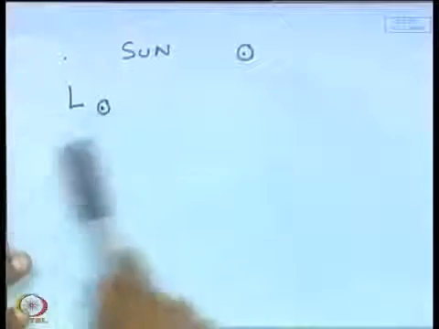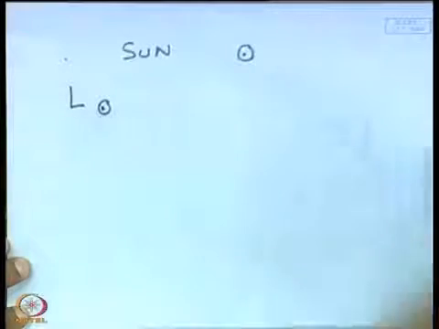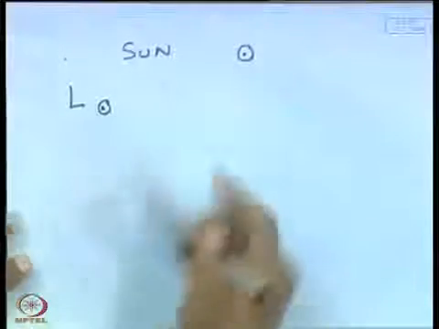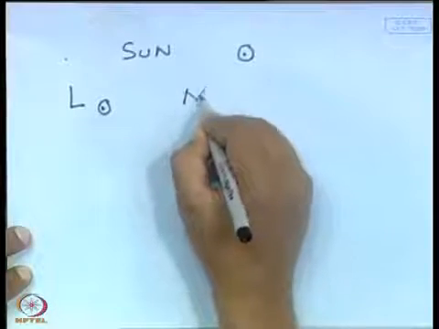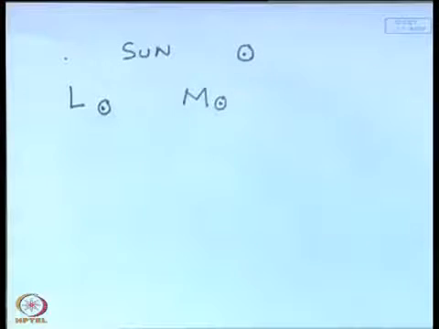Okay, and it is very commonly used in astrophysics and cosmology. So, I request you to bear this in mind. Okay. Similarly, the solar mass is, and it is quite common to denote the luminosity and masses of other astronomical objects in terms of these luminosities and masses. So, it is very important to get the values clear.